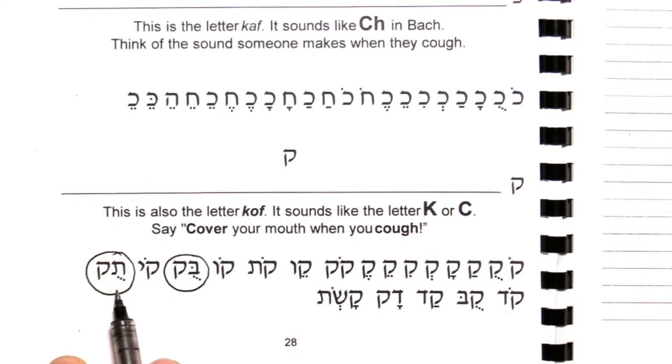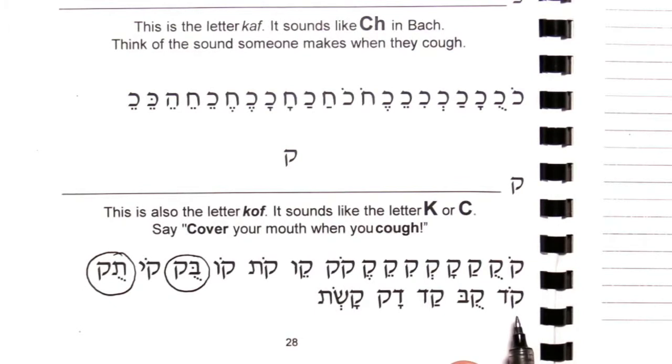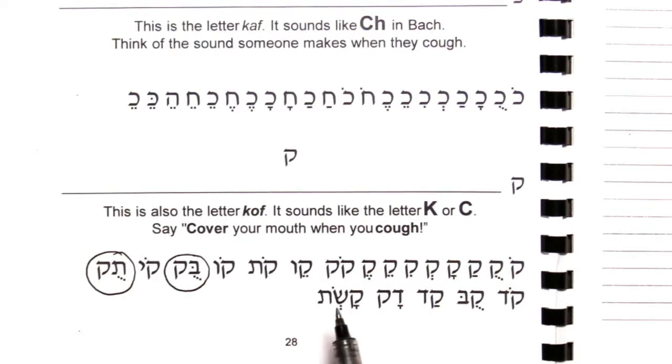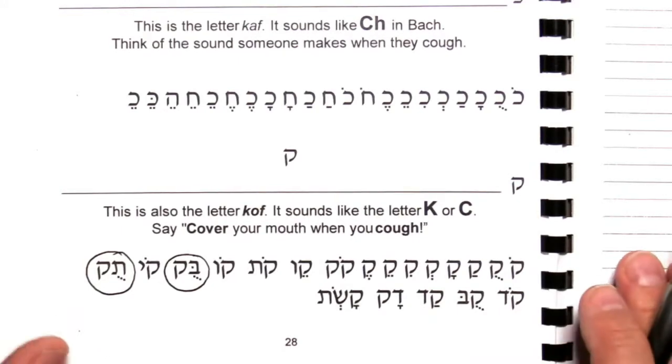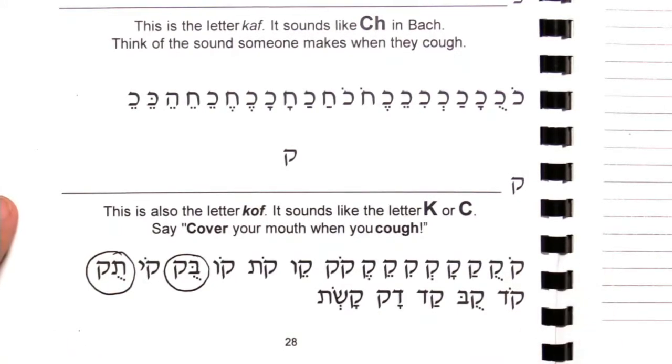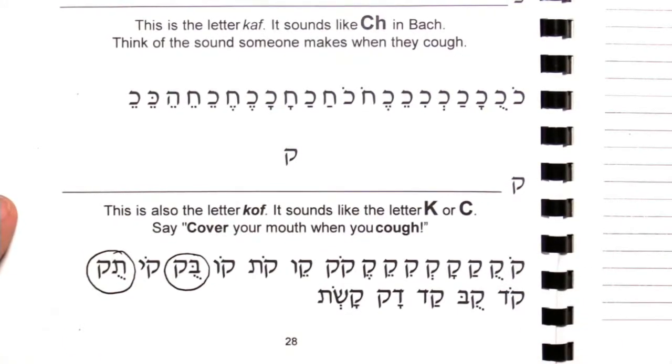This comes out took, but again, a little bit of a fudge factor on that one. So give me a little room to wiggle there. Code, cube, cod, dock, cassette. You'll notice these are the same English words as we used above with the cough out the P letter, the backward C. But we're just using them now with the cover your mouth letter.